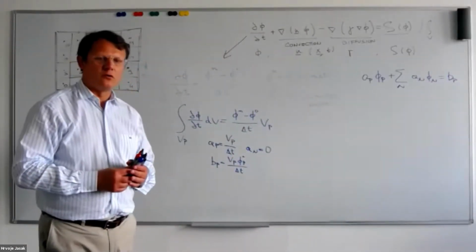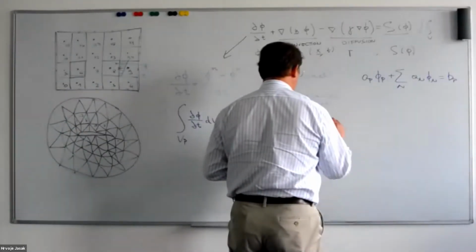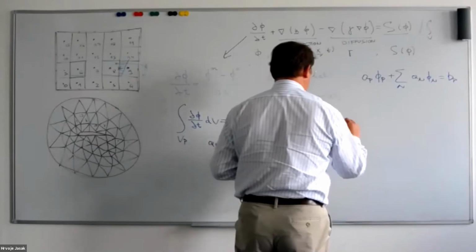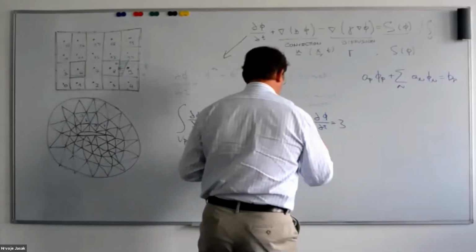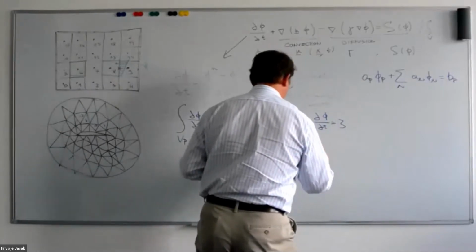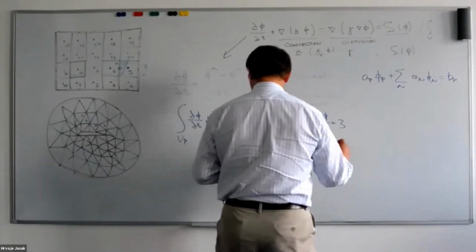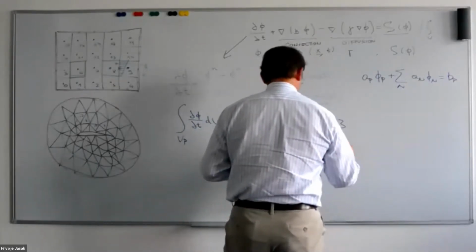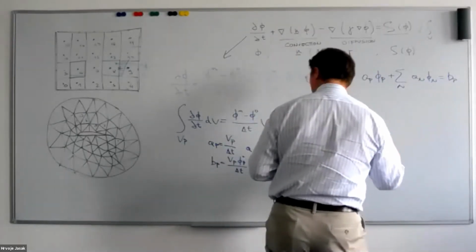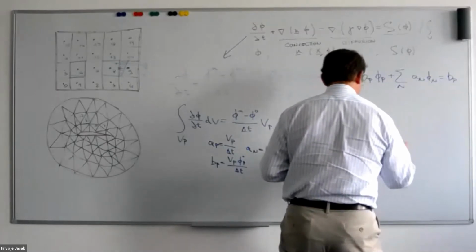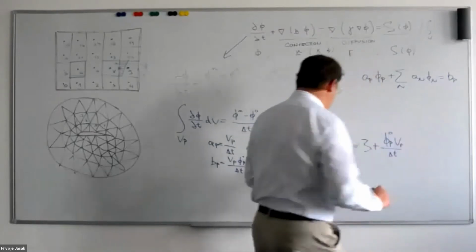What does that allow me to do? If I write an equation like d phi by dt equals 3, my discretized form will read Vp over delta t phi new plus 0 equals 3 plus phi P old Vp over delta t.